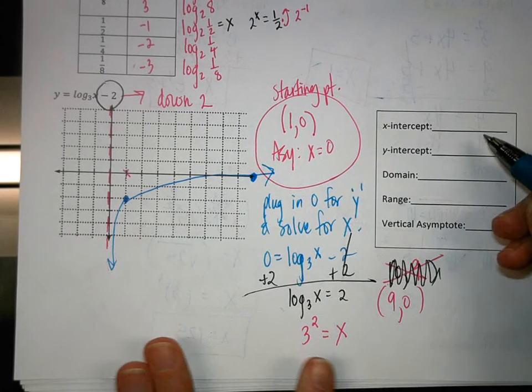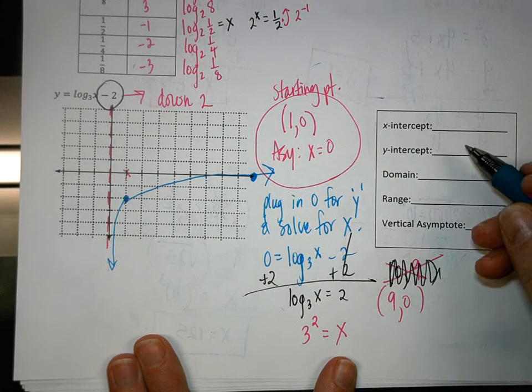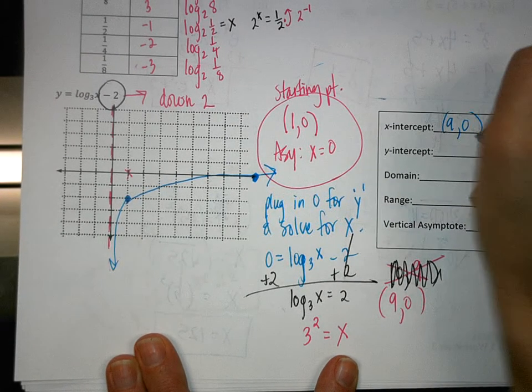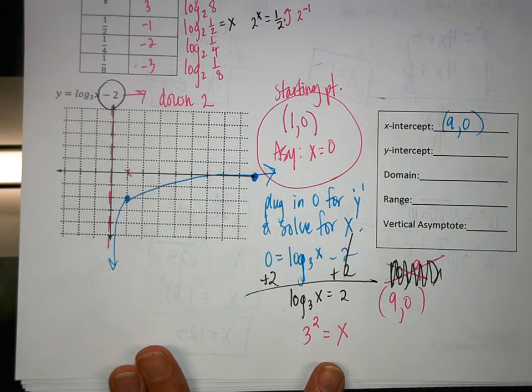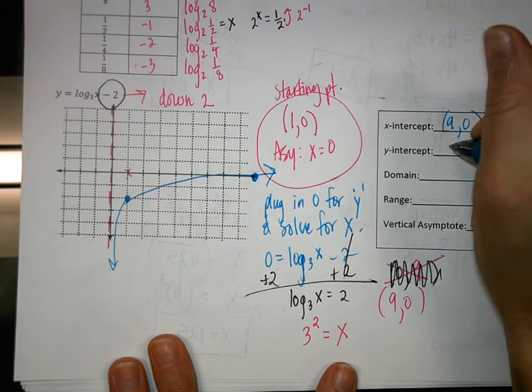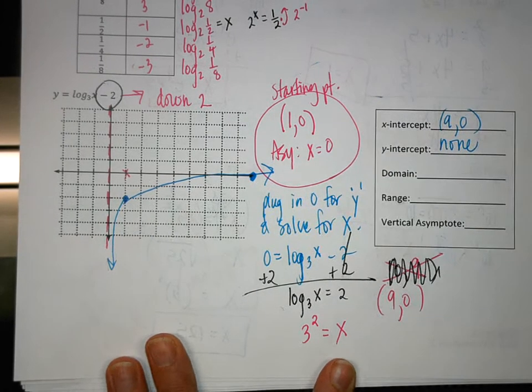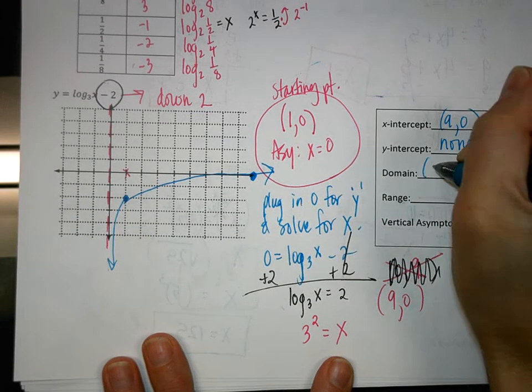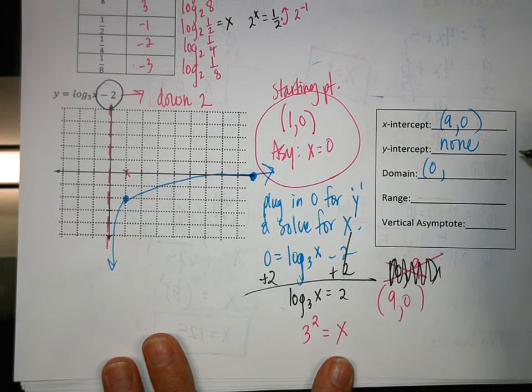What is my x-intercept? We just found it. 9, 0. Will this graph ever touch the y-axis? No. So the y-intercept is none. My domain is what? Parentheses 0, and it goes to positive infinity.